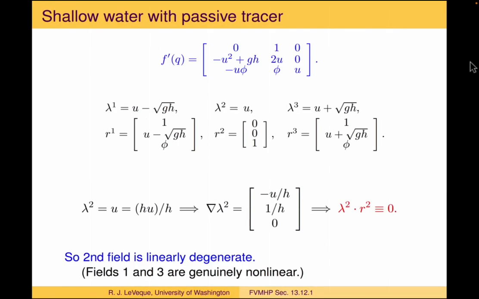And so again, in this problem, the second field has this linearly degenerate property, whereas fields 1 and 3 are genuinely nonlinear. And also when we look at the Euler equations of gas dynamics, where we then have three conservation laws for mass, momentum, and energy in general, it turns out that it has a very similar structure: the one waves and three waves are genuinely nonlinear and correspond to nonlinear acoustic waves, but the wave in between is a contact discontinuity.